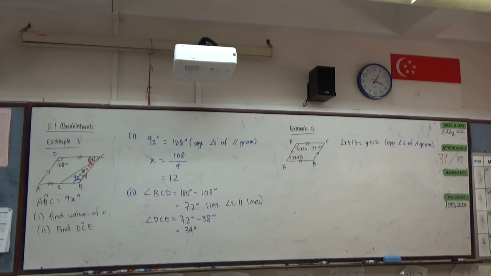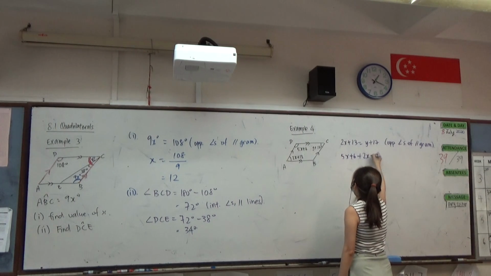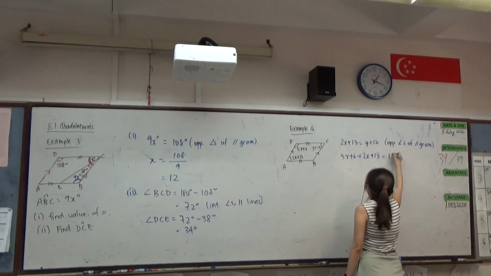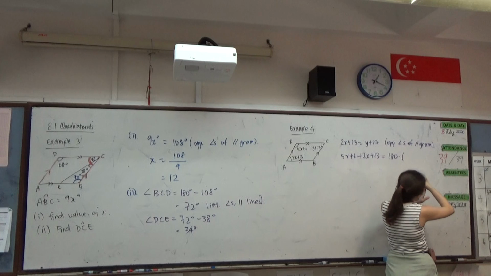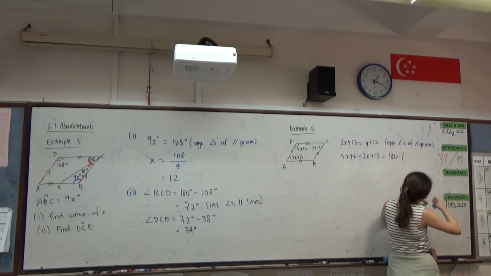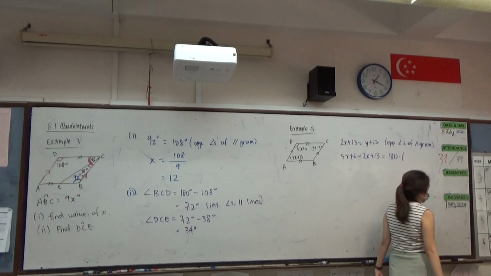5x plus 6. Alright, so 5x plus 6 plus 2x plus 13 equals 180, and the reason is, it is not a parallelogram property.